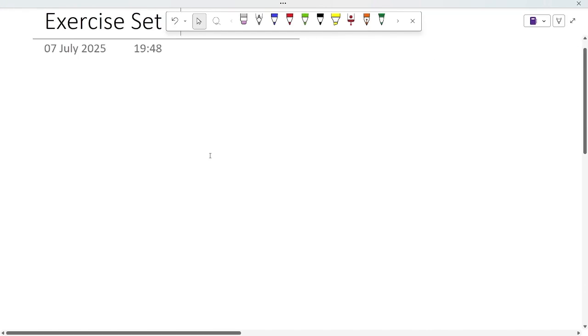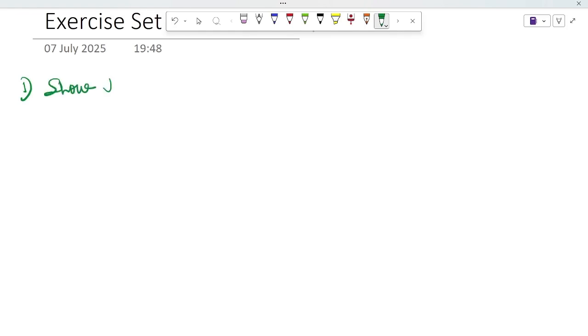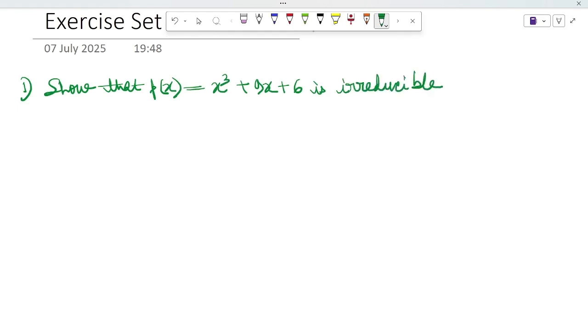First problem is that p(x) equal to x cube plus 9x plus 6 is irreducible in Q[x].